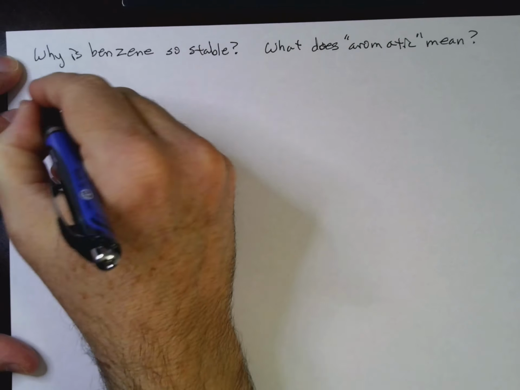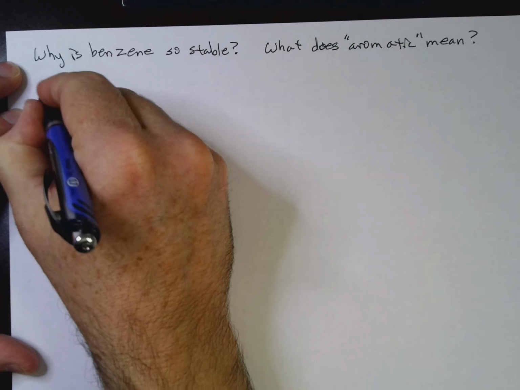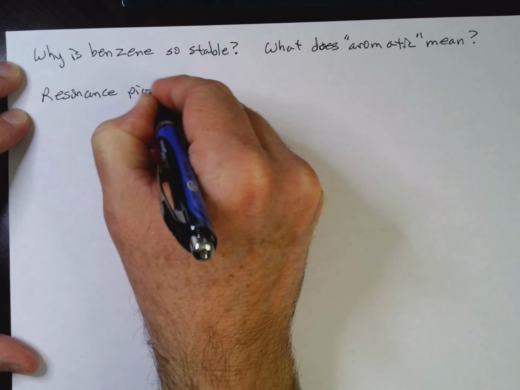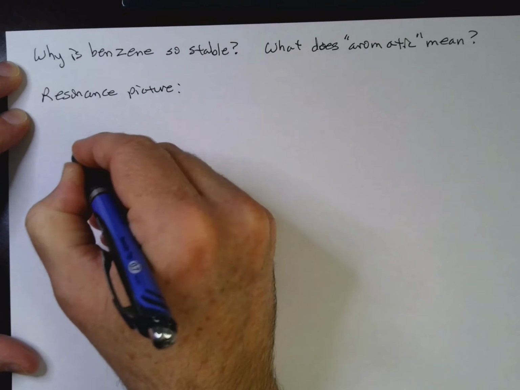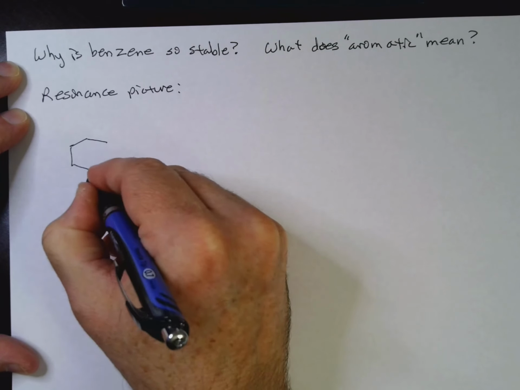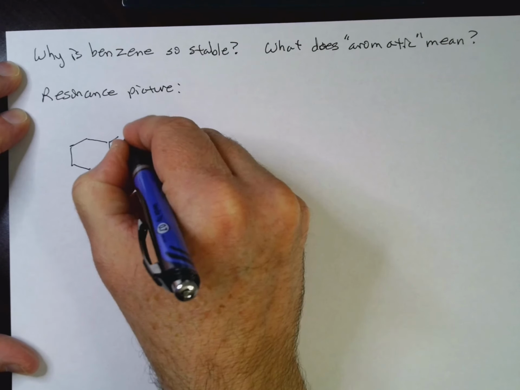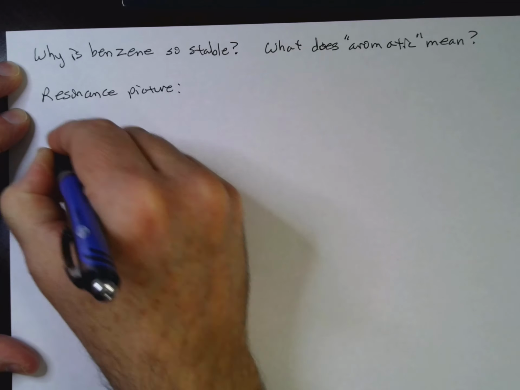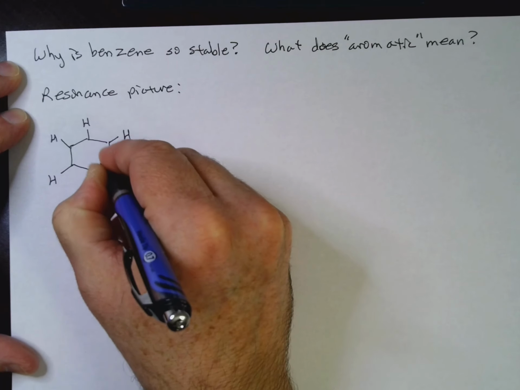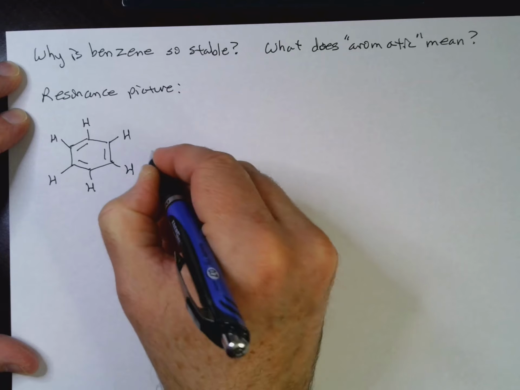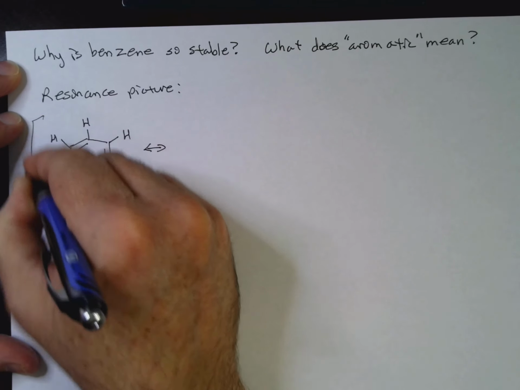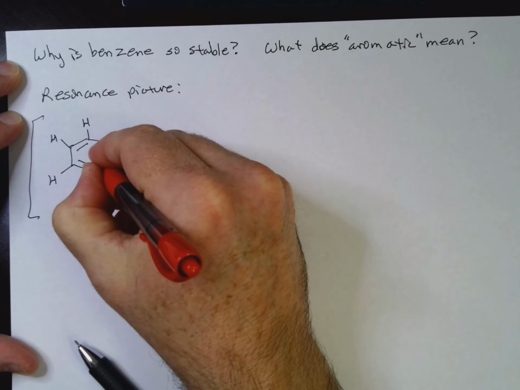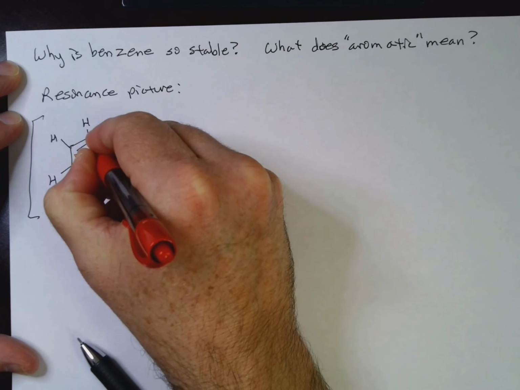All right. So we can have a resonance picture where we have benzene. I'm going to go ahead and put in the hydrogens here. And I'll use a red arrow to indicate my electrons moving around here.